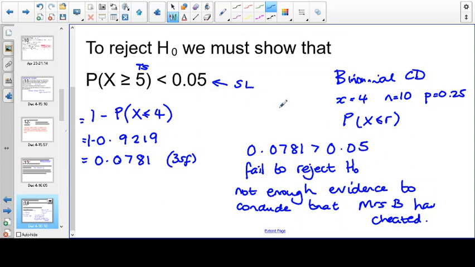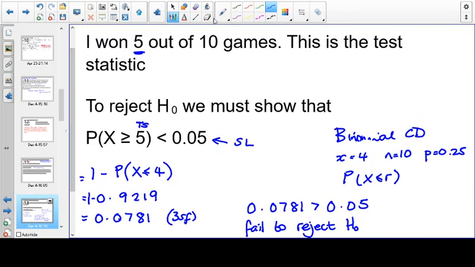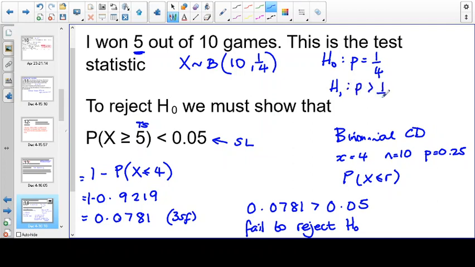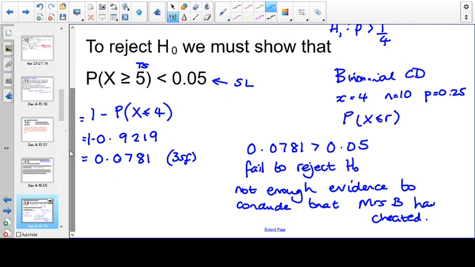Okay, so all of that will get you marks for our binomial information. This is all the things that you'll be expected to write down. You'll get marks for your null and alternate hypothesis. I would always write down some sort of statement which you are working to base things on.